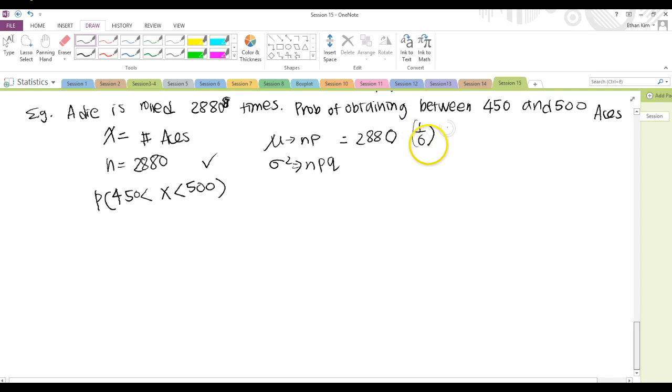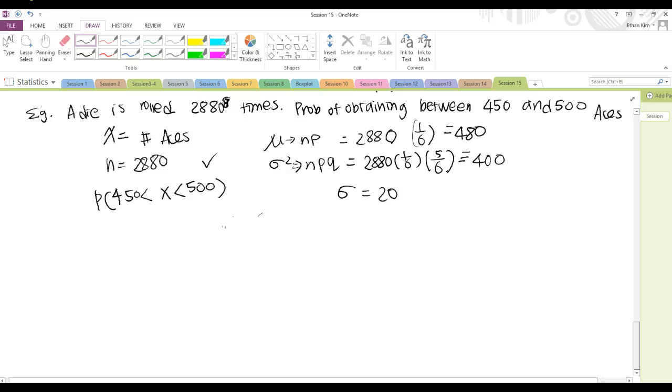So n times p would be 480. And for sigma squared, it's n times p times q, so this is going to be 400. And if we're looking for sigma, that's going to be just 20.